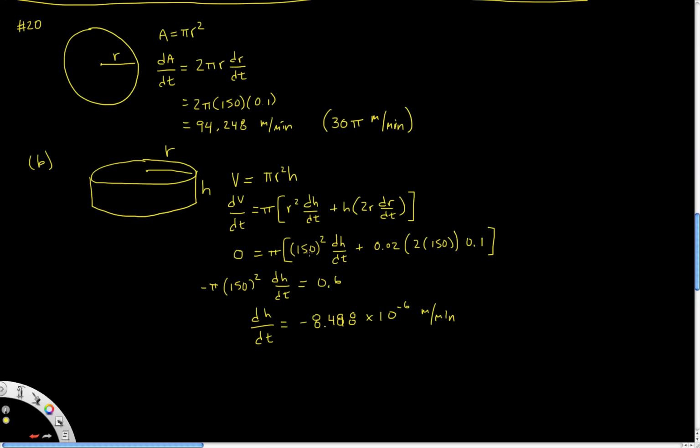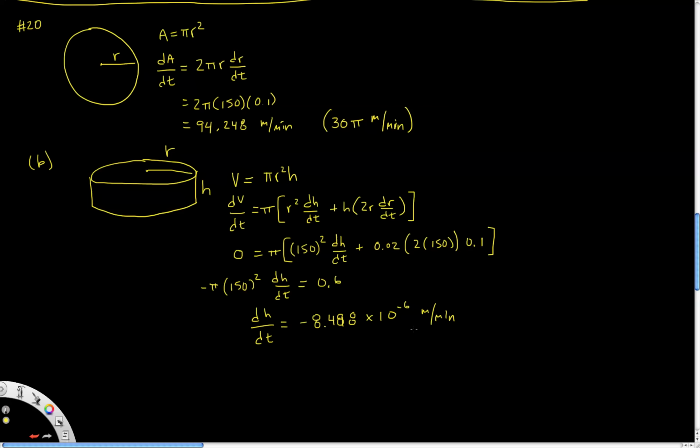That's given to us in the problem. dh/dt is what we're looking to find. h is 0.02, and then the radius again is 150, and then dr/dt given to us in the problem as being 0.1. If I do a little bit of arithmetic and algebra and solve for dh/dt, I get that dh/dt is negative 8.488 times 10 to the negative 6th meters per minute.